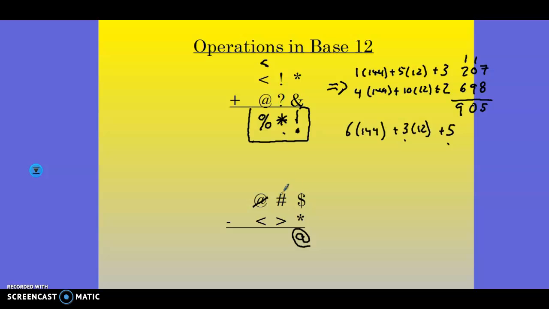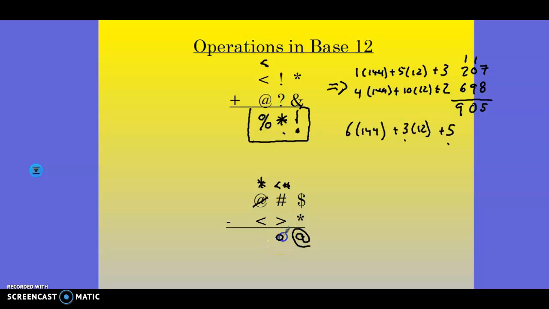But when you borrow, you're borrowing 12. That's how you'd write 12, 1, 0. So you borrowed 12, and since the at is 4, you'd be left with 3. So 12 minus 8 now is 4.